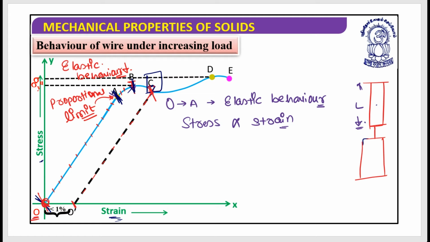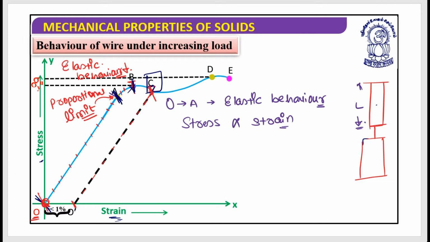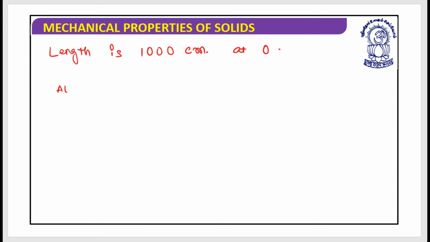That means, for the understanding purpose, if your original length at O is, let's say, 1000 centimeter, then at point B the length was, let's suppose, 1000 plus 5 centimeter.